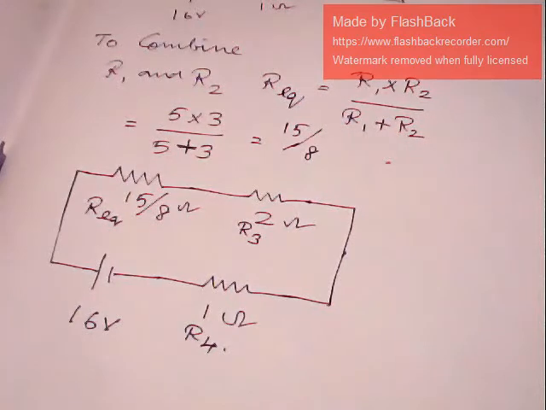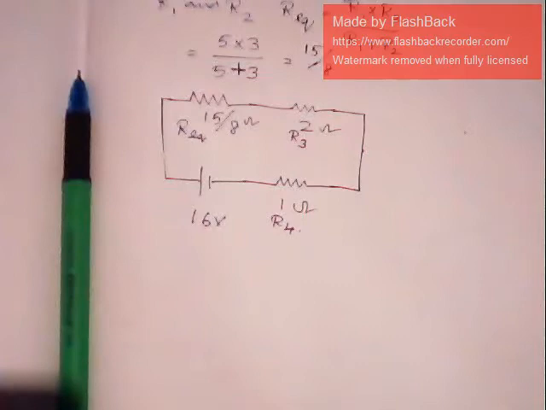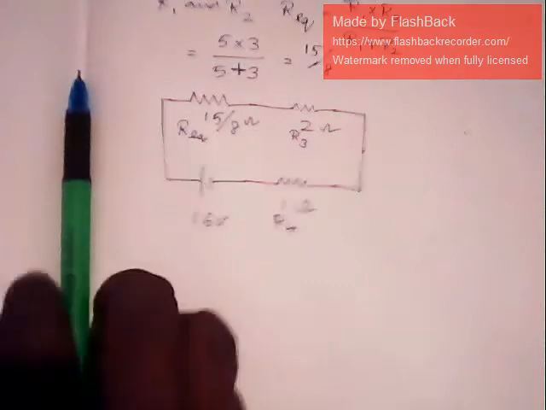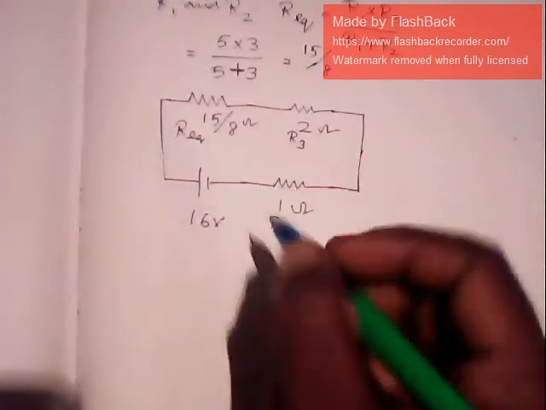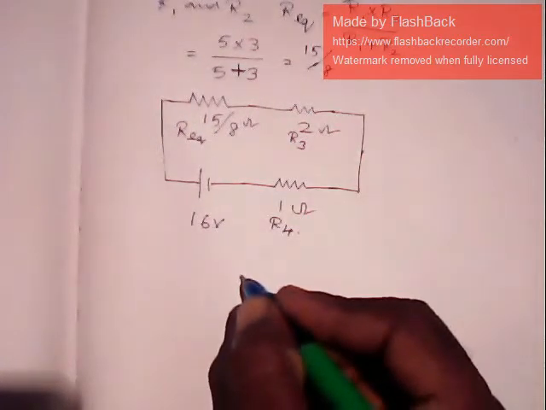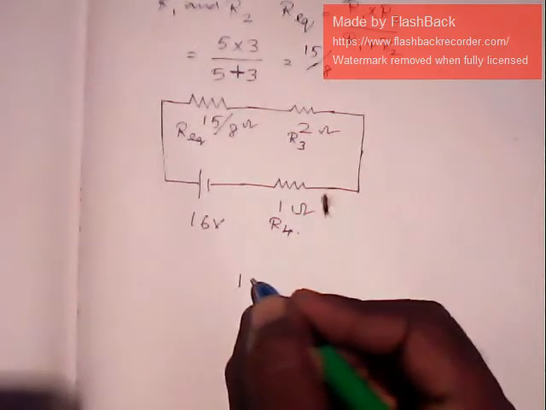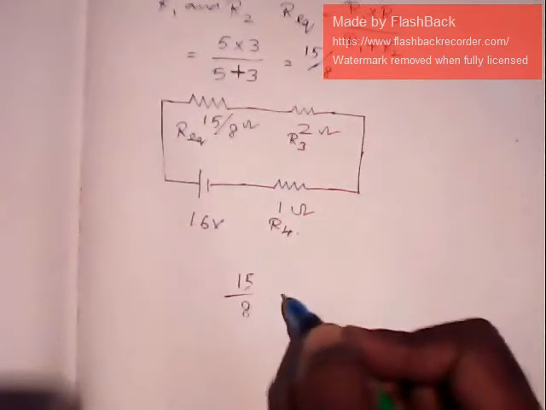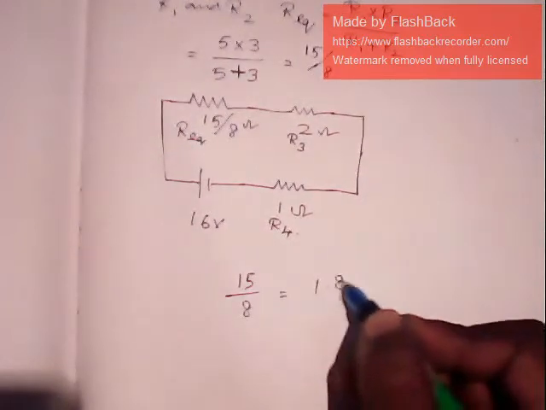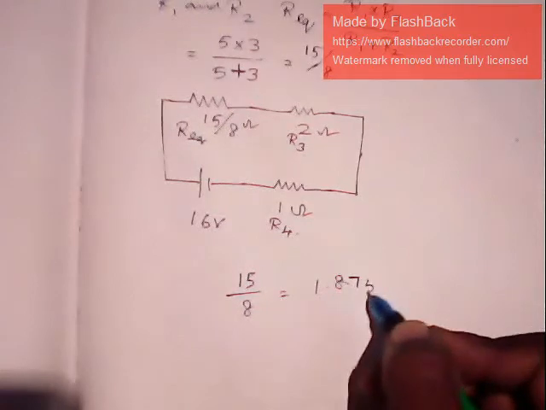Now this 15 by 8 can be written as 1.875.